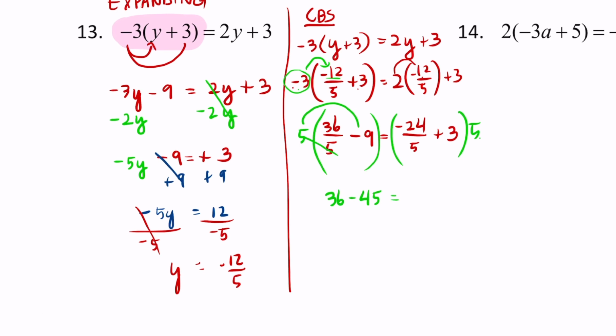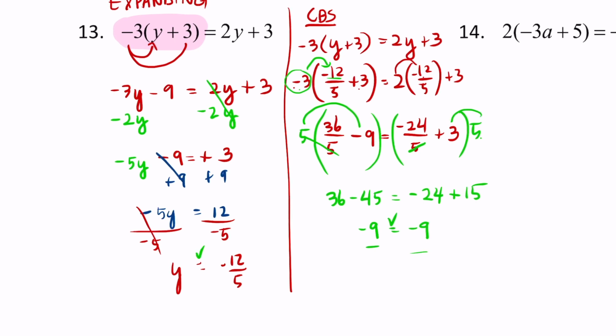And this one, this cancels, so you have negative 24, and then 5 times 3 is plus 15. So 36 minus 45 is negative 9, while negative 24 plus 15 is also negative 9. So that means if both the left and right are equal, that means this is correct. Okay?